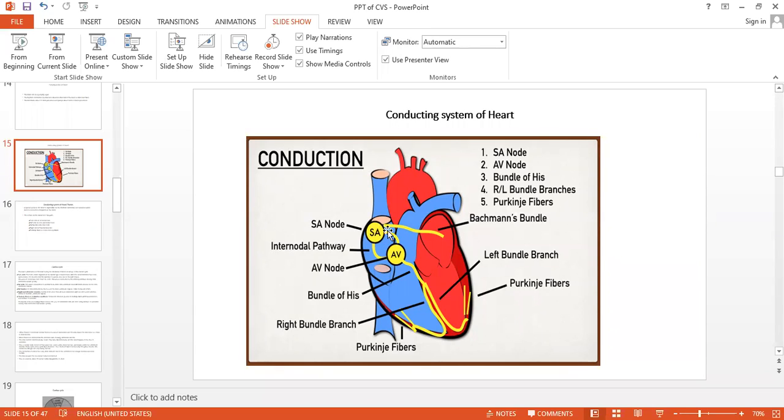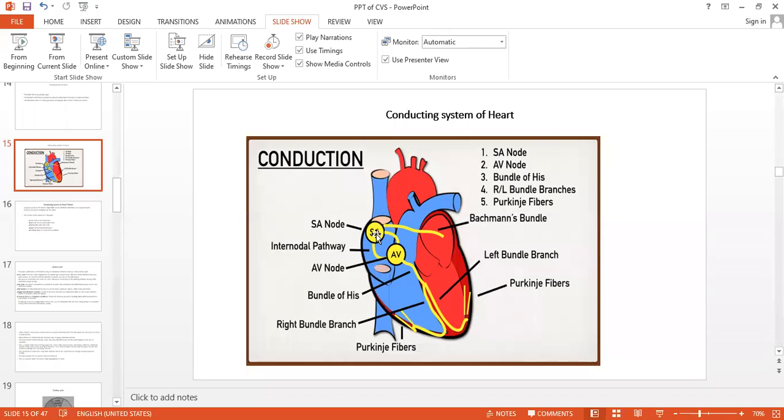Then it transmits the impulses to the AV node, then to the bundle of His, then to the right and left branches. It divides into right and left, and then again divides into what we call Purkinje fibers.